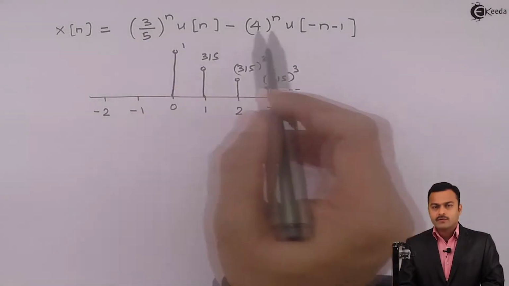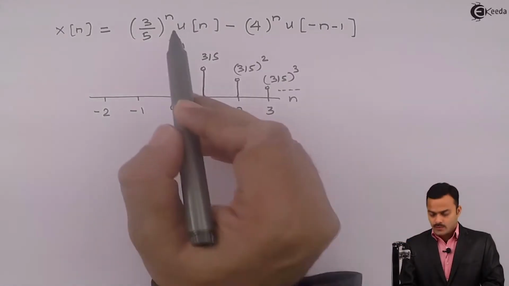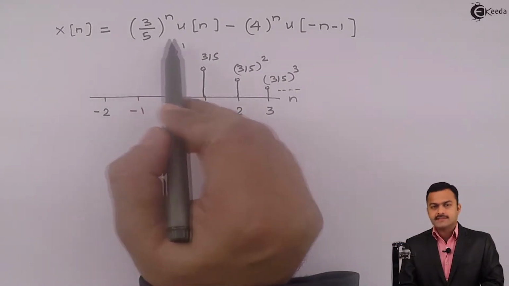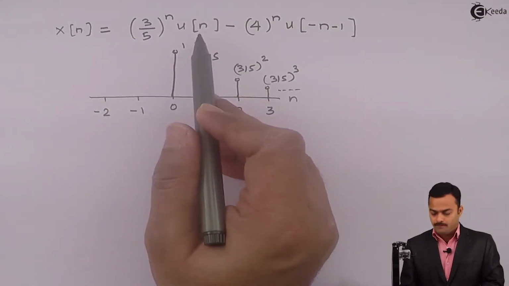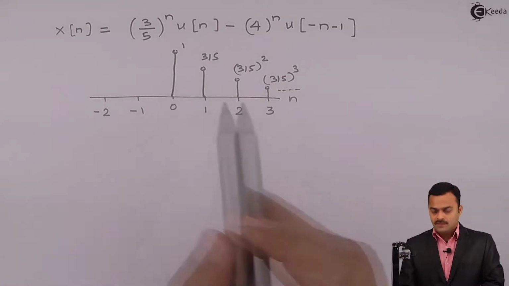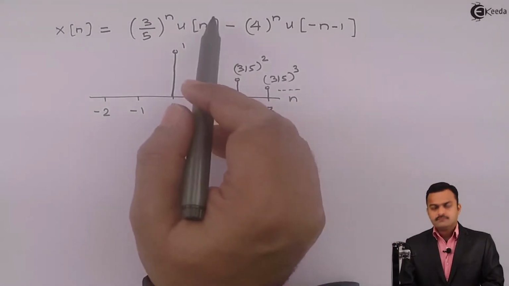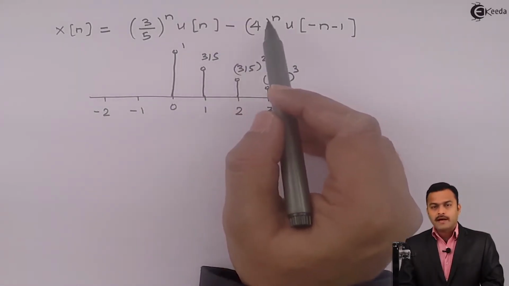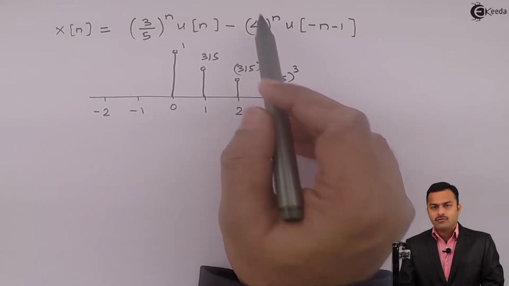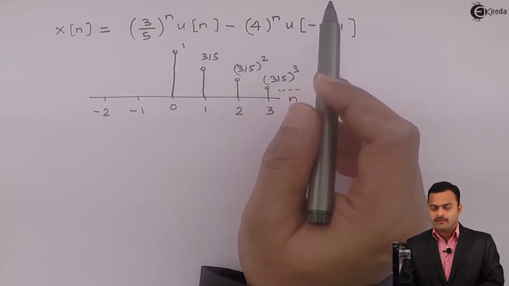For n equal to minus 1, the first term does not exist, as we said earlier, u of n is available only from 0 to infinity. So it is 0 minus 4 raised to minus 1, which is 1 by 4.